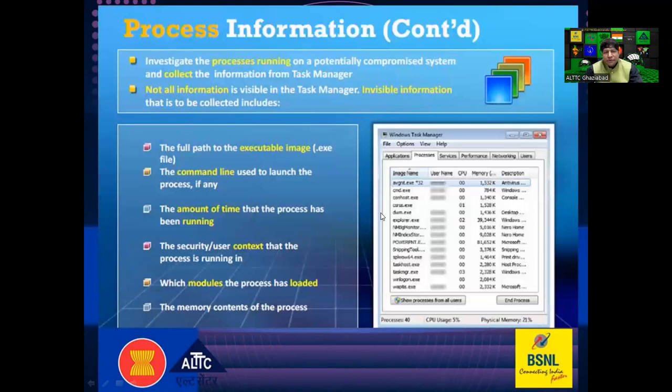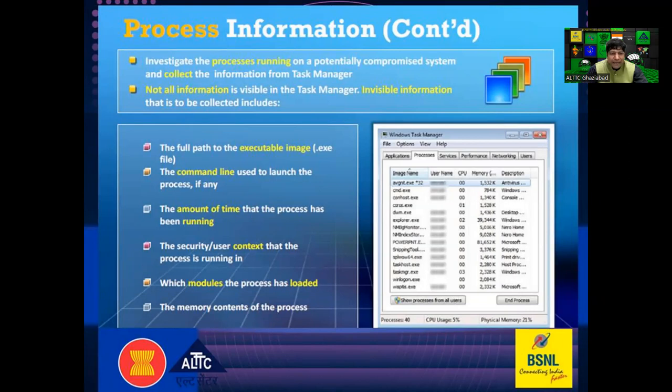Now process information. Investigate the processes running on the potentially compromised system and collect the information from the task manager. Not all information is visible in the task manager.